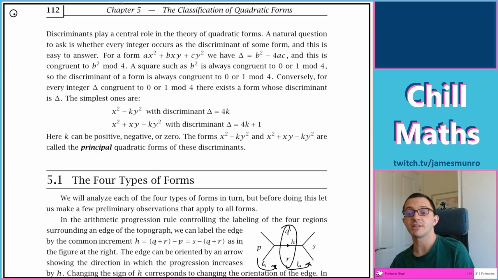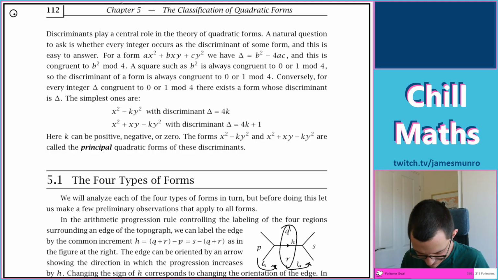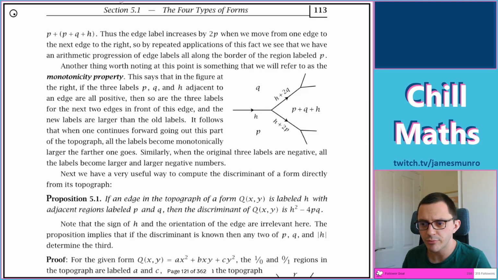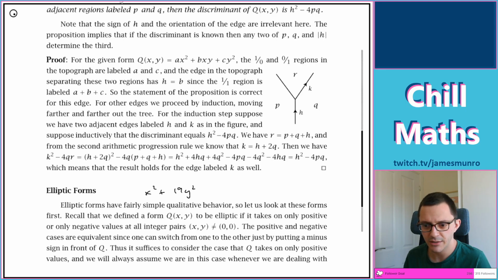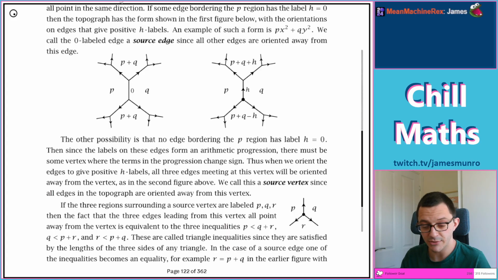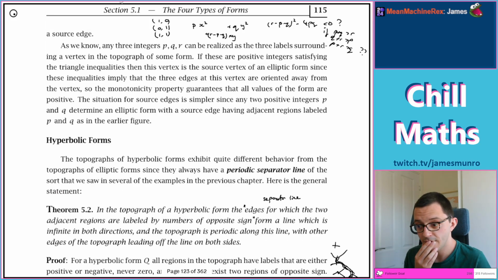The principal quadratic forms of these discriminants, but then there might be other non-equivalent ones. Yeah, I don't know how I feel about that. Okay, right. Back in, I think, because skimming through this talked about general properties of the topograph for a bit, elliptic forms, but didn't yet prove to me that the discriminant separates the cases.